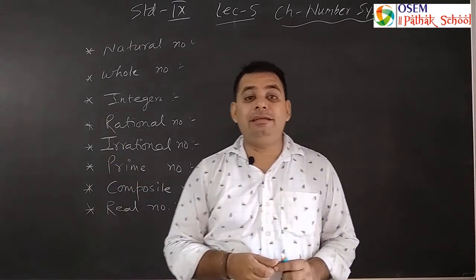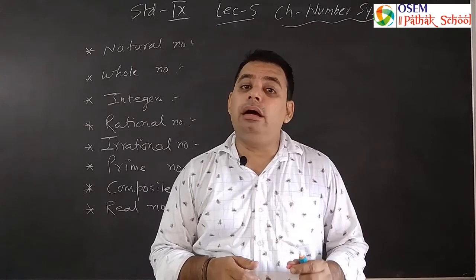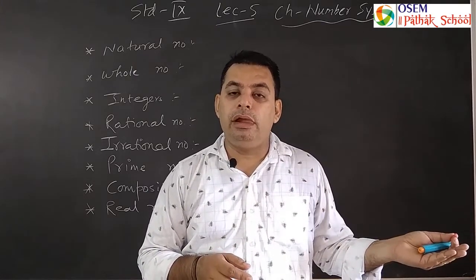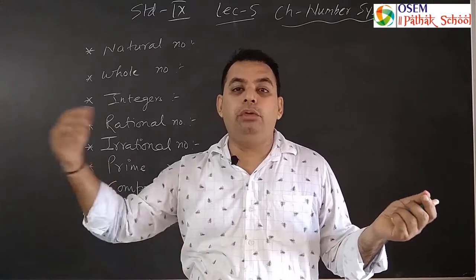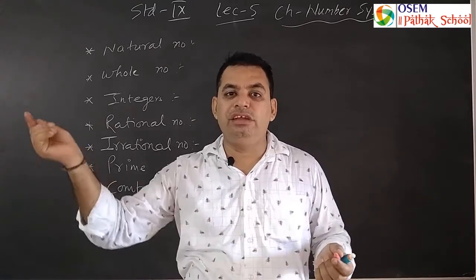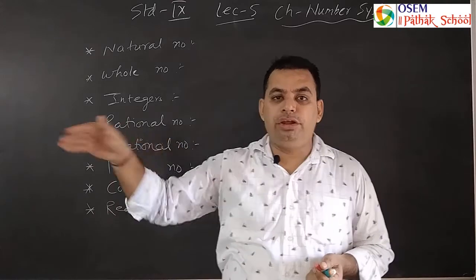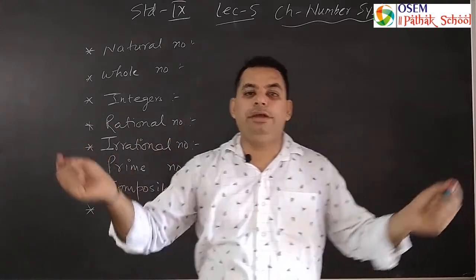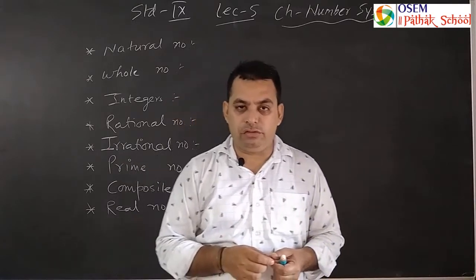Then what are integers? Integers are the combinations of negative terms, 0 and the positive terms. Whatever you see on the number line, the positive, the middle one which is neutral, 0, and the negative terms, all three comprise integers.